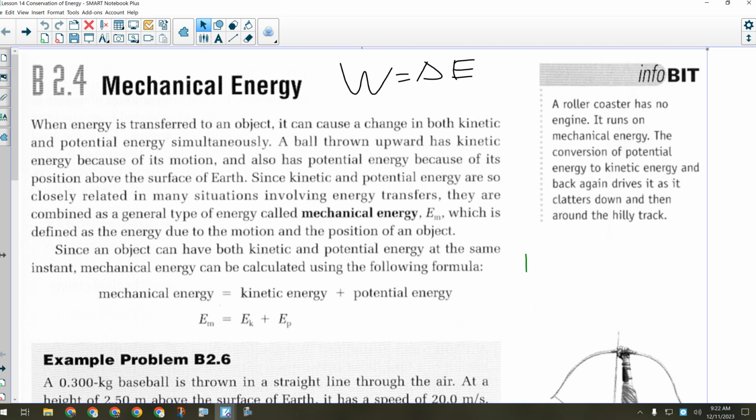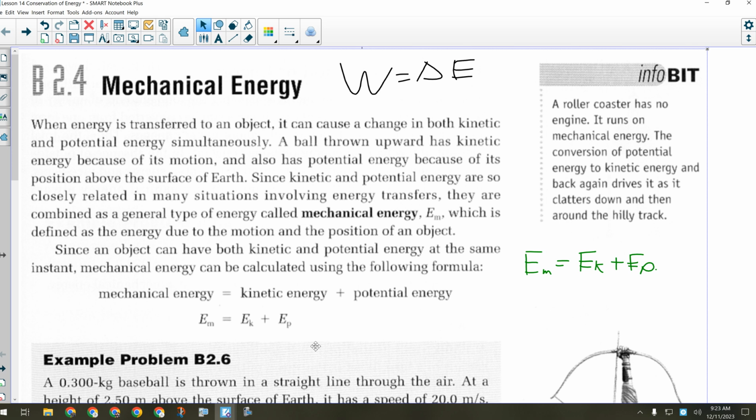So what we learned on the very first day of this unit was that mechanical energy is the sum of an object's kinetic and potential energies. And the law of conservation of energy says that mechanical energy can't be created and it can't be destroyed.